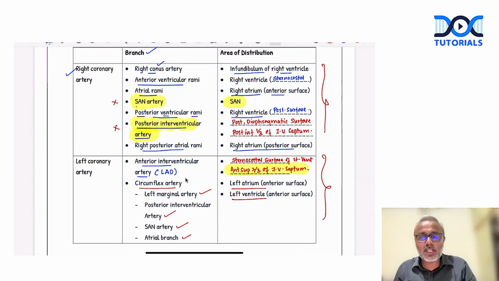This is what will be asked in exams, and this is what we must know as doctors, because once we start practicing, we will see a lot of cases of ischemic heart disease, and we should be thorough with this. I hope this session will help to set the foundation for the next session on myocardial infarction.